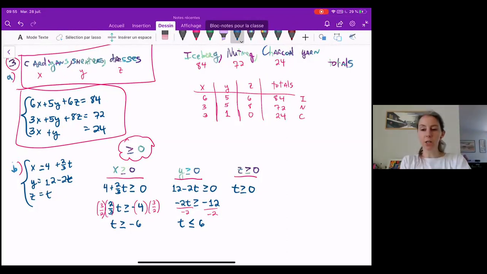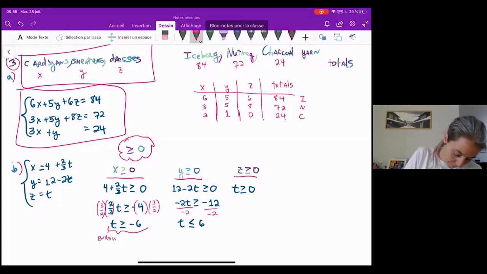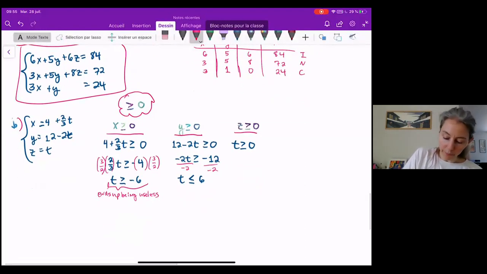Then I have t less than or equal to 6, that gives me an upper bound of 6. Then I have t greater than or equal to 0. You got it. So that -6, that was my first lower bound, now gets moved to 0. It turns out that this one is kind of useless. So what I have here then is 0 is less than or equal to t is less than or equal to 6.